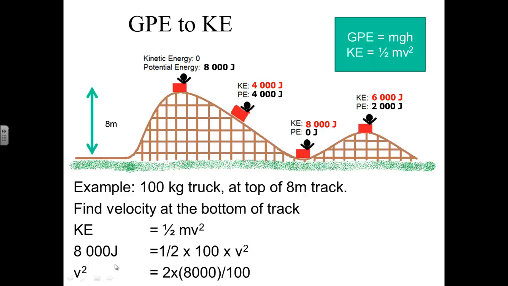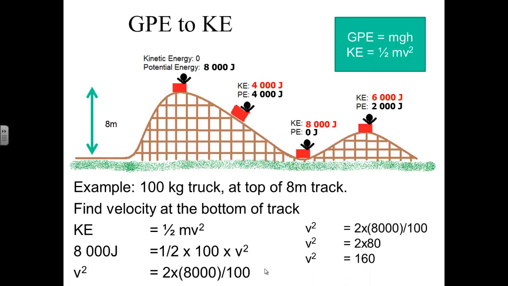So let's rearrange: v squared is equal to 8,000 times 2, because we divide by half, and then divide by 100. So we end up with v squared equal to 16,000 divided by 100, which is 160.